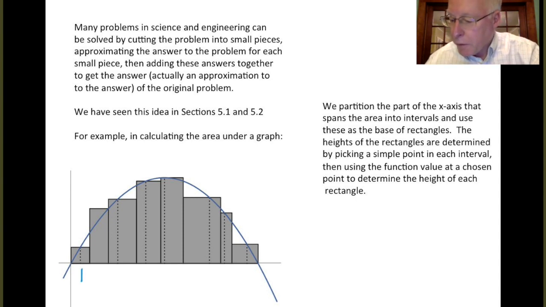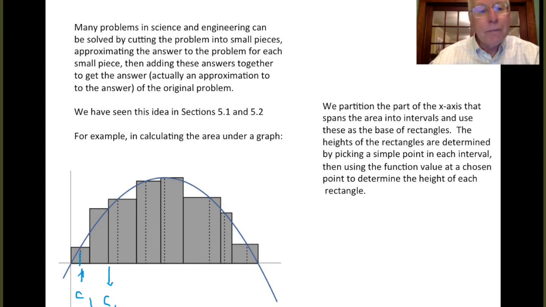For example, this point in the first interval, we would be labeling C1 before. Looks like C2 is right here at the right endpoint of the second interval, and so forth. But we use these representative points, and then the heights to the curve, that is the function value, to determine the height of the rectangle. So the heights here run something like this.